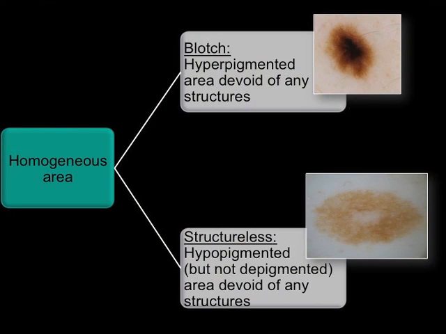Homogeneous areas, basically what homogeneous area means is a structureless hypopigmented area. In essence, right, you could say, well, a blotch is a homogeneous area. It is. But by convention, what has occurred is that blotch is hyperpigmented. Homogeneous is really considered structureless, hypopigmented, but not depigmented, which would be regression.